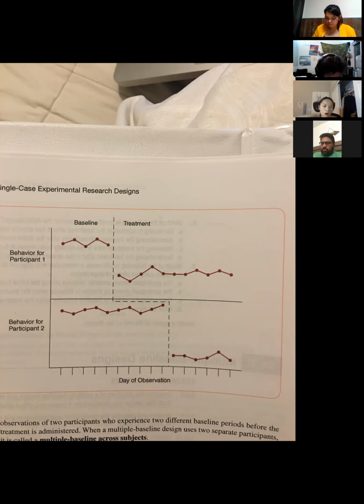So this graph shows a second participant. I'm guessing and hoping that we could just change where it says participant one, participant two, and put behavior one and behavior two.